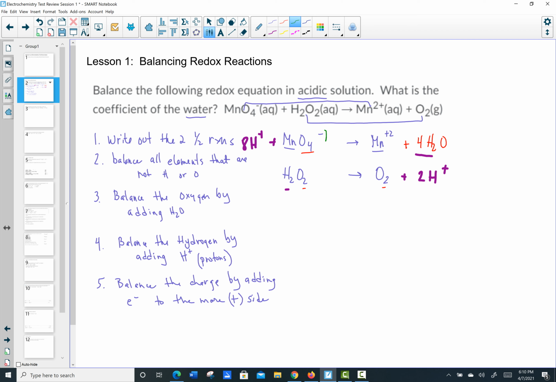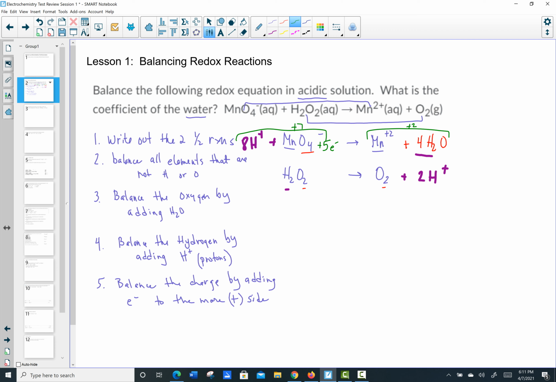In the first half reaction, on the left side, I have 8 positives and 1 negative for a total of +7 overall. And on the right side of this half reaction, I have a manganese +2, so the net charge is +2 overall. Which side is more positive? Well, it's the left side. So here I can see I need to add 5 electrons to the left side so that both are now +2 overall.